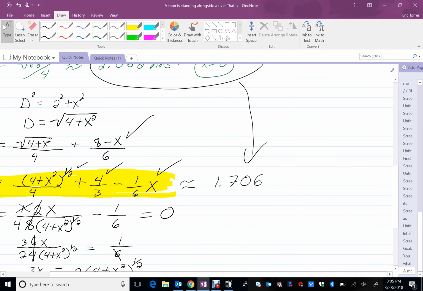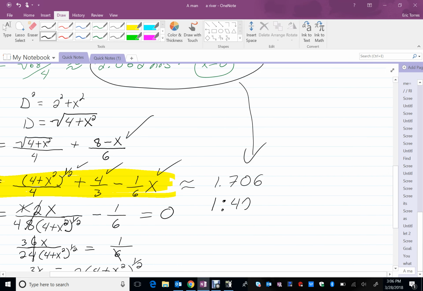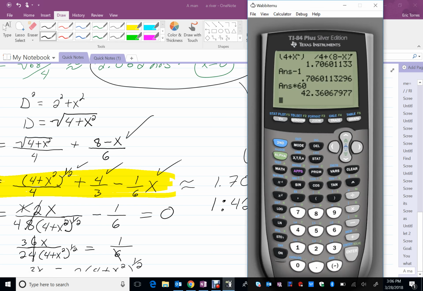Let's convert that to proper units. So this will be 1 hour, minus 1, times 60, 42 minutes, minus 42, times 60, 21, we'll call it 22 seconds.